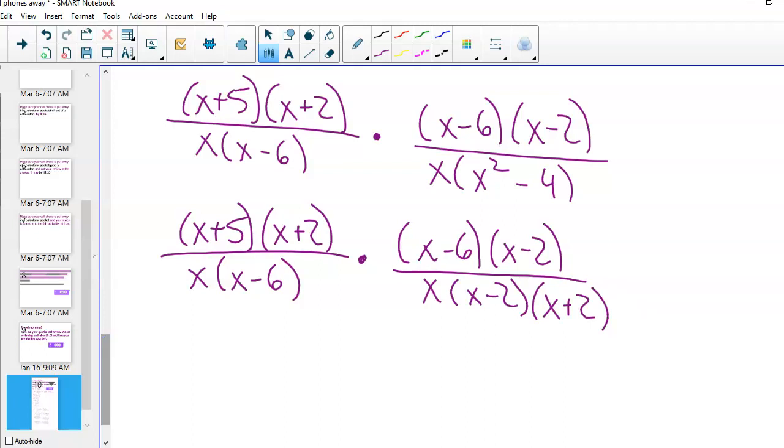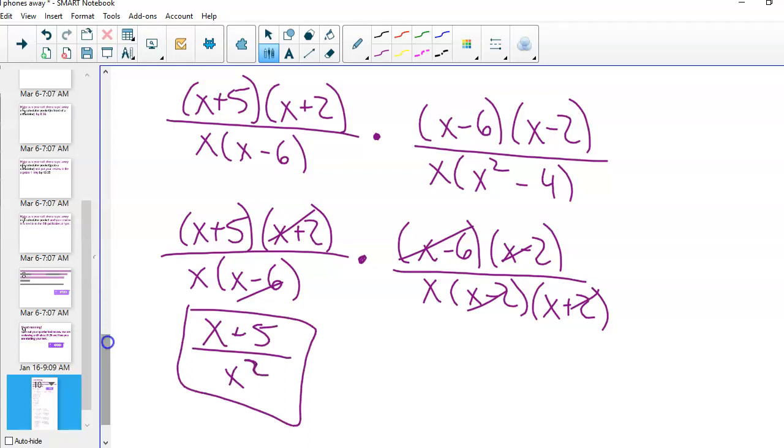Right, and then think of everything in both numerators as the entire numerator, everything in the denominator as your entire denominator, and you can cancel out like factors. So those would cancel, those would cancel, those would cancel, leaving x plus 5 over x squared.